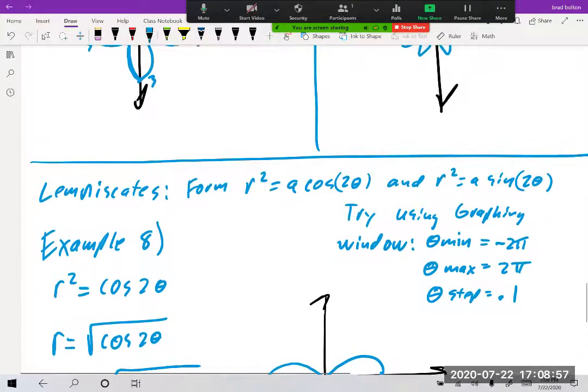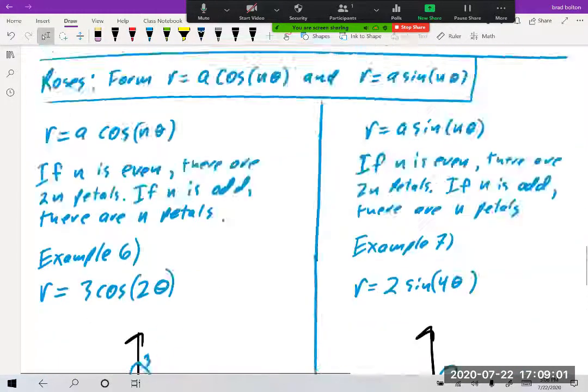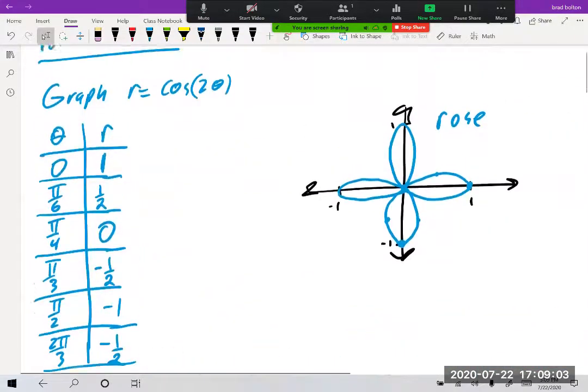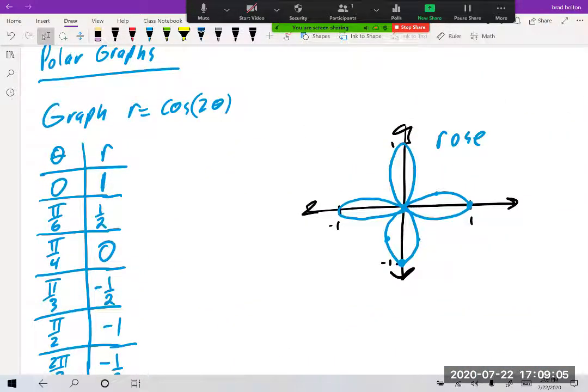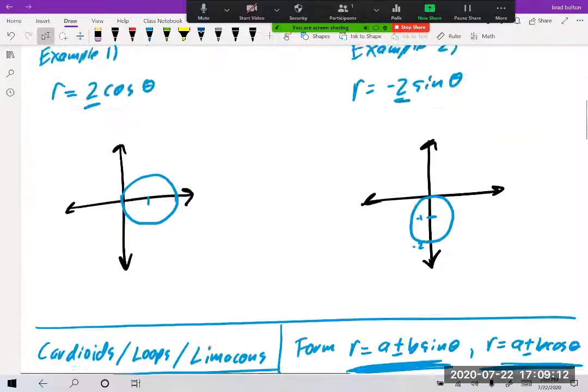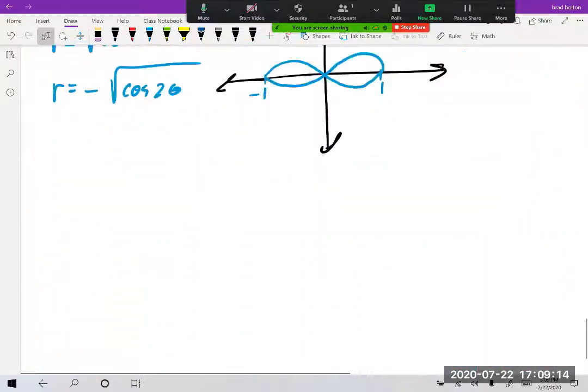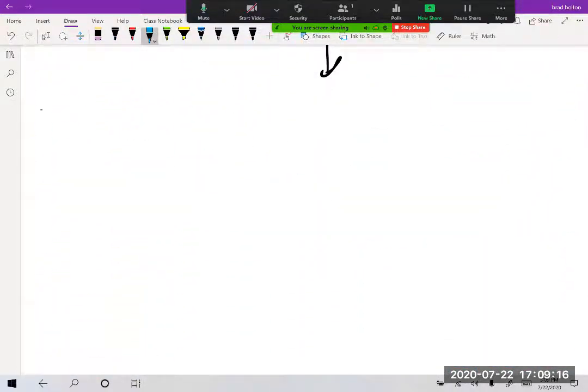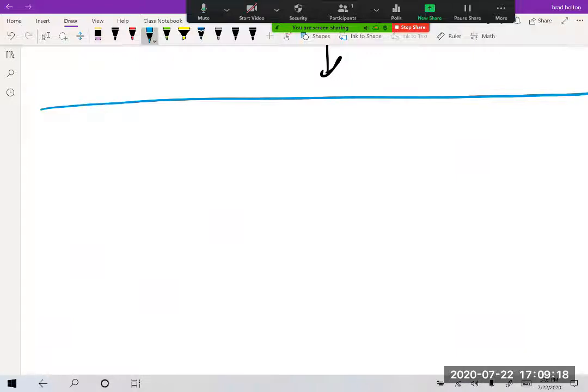But this is basically all I really want to talk about in this section. I think there was one question that they may ask you to do at the very end. So I just want to briefly talk about this, but I don't think I'm going to put this on the exam. This is just something that I want to talk about.